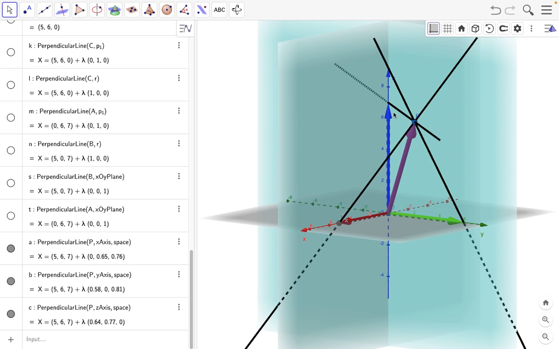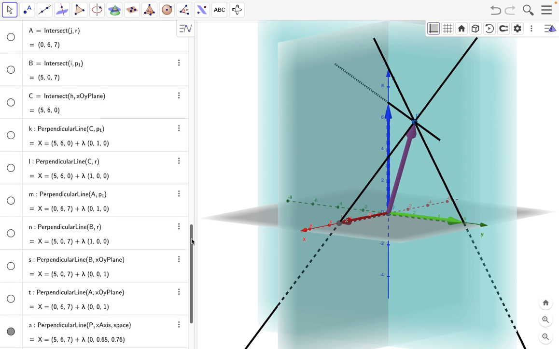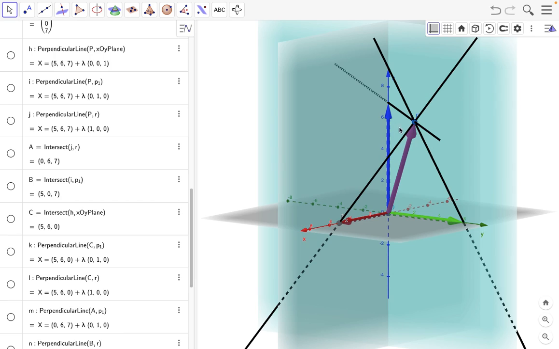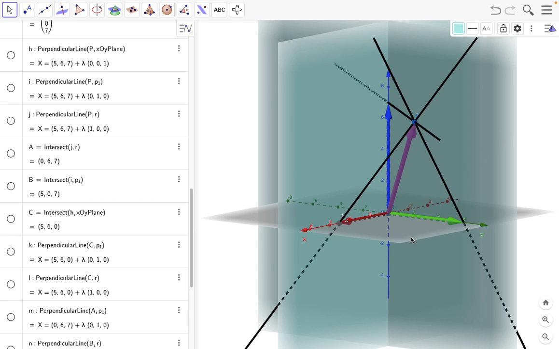Next, as I told in the class, in some other way, how can I draw the vectors? From this point I can draw a perpendicular on the plane also. These are the three mutually perpendicular planes, as you can see, one is this plane, another is this plane, another is this plane.